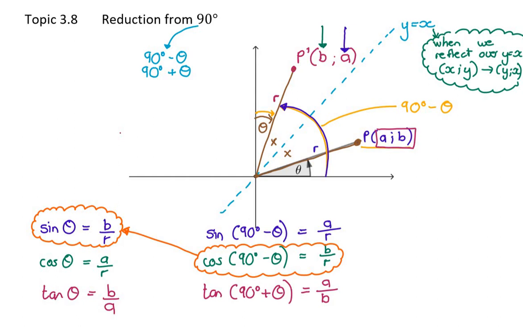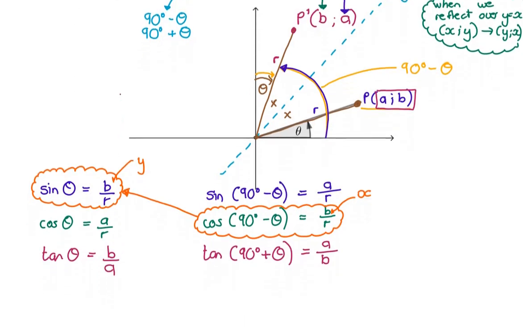And so the moment our coordinates swapped around, here b was representing the x value, and here b was representing the y value. Now that makes sense because our coordinates swapped. So the x value for 90 minus theta is actually the same as the y value for theta. And so that's why our names swapped.